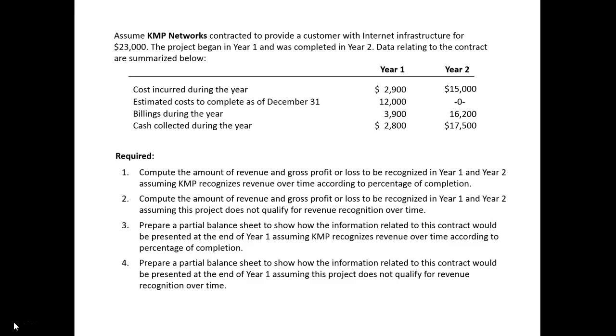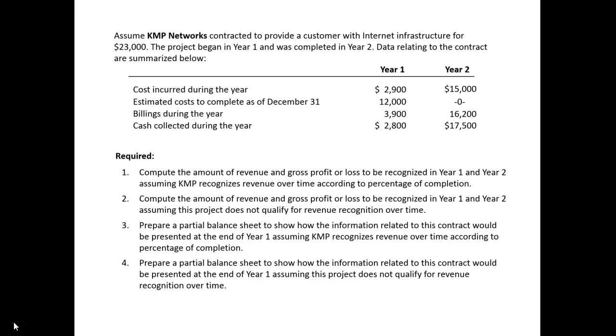Compute the amount of revenue and gross profit or loss to be recognized in year 1 and year 2, assuming KMP recognizes revenue over time, according to the percentage of completion. And then in 2, we're going to compute the amount of revenue and gross profit or loss to be recognized in year 1 and year 2, assuming this project doesn't qualify for revenue recognition over time.